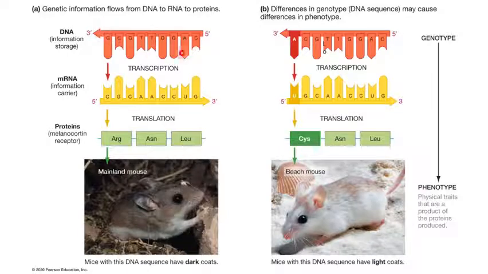Right, so the actual genetic sequence is the genotype. The actual color of the mouse is the phenotype, and taking the genetic information, putting it into mRNA, and then into the protein itself, that is gene expression by the central dogma.